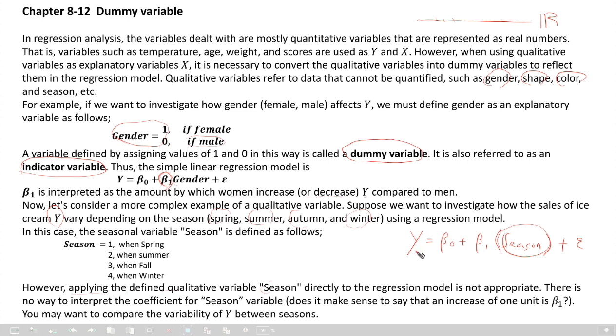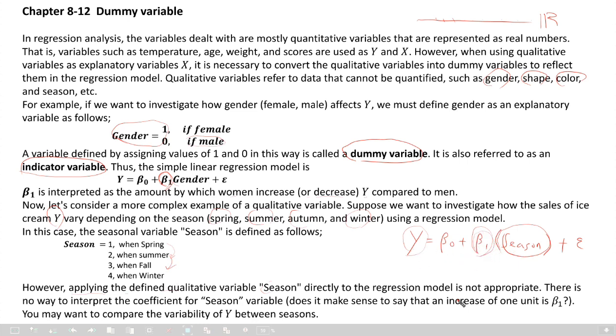Then the increase or decrease of y is beta 1, right? So it doesn't make sense. When spring to summer, then beta 1 increase of y. Summer to fall, an increase of 1 unit of season, then also beta 1 increase of y.